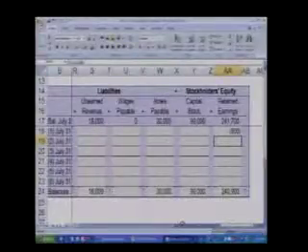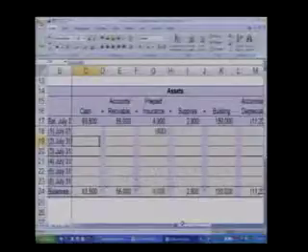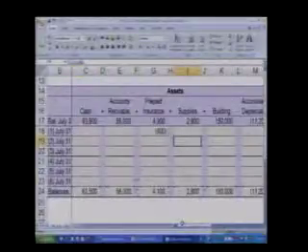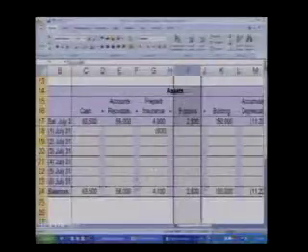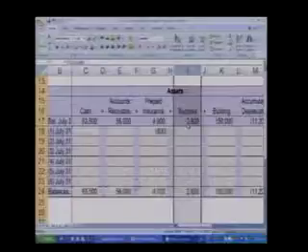Supplies on hand, July 31st. It says that it's $1,100, but if we look at the balance in the supplies account, it has $2,800. We've counted all the supplies, it's $1,100, and we want to force it to become $1,100.